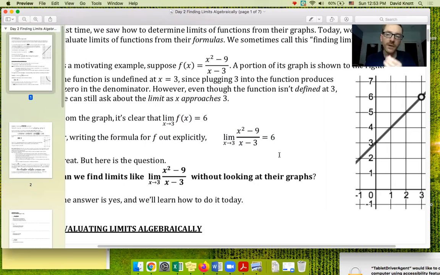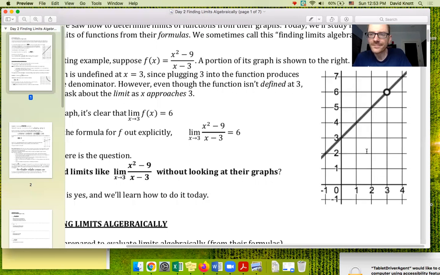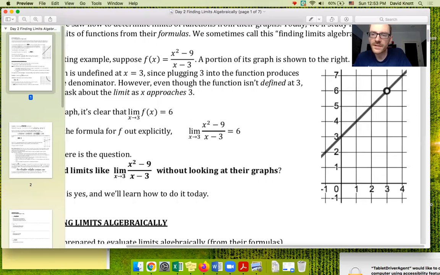And you might wonder why that's important. The truth is that this graph, like we said, has a hole at x equals 3. There's a little hole in the graph. I had to insert that little hole manually. If you actually graph this function in Desmos, Desmos will not plot the hole. There's a complicated reason for that.